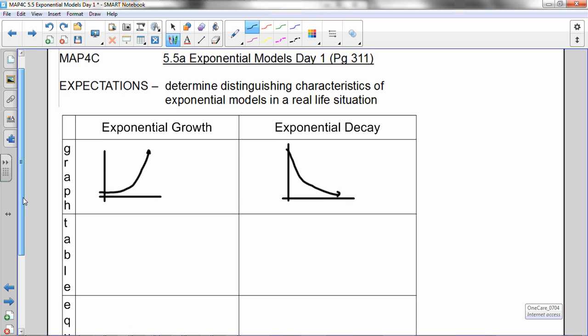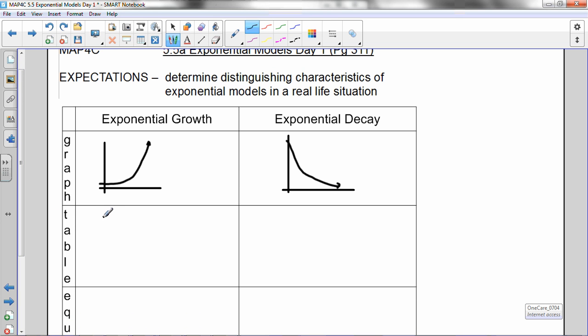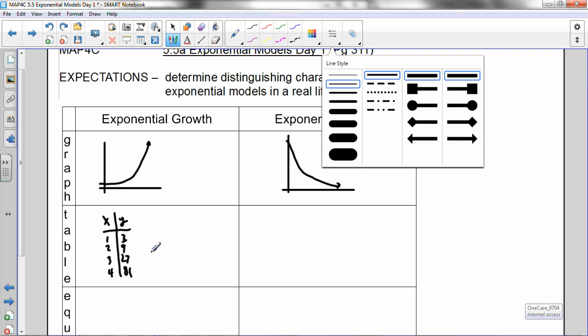From the table, I'm going to write down an example of an exponential function. The idea of an exponential model is the differences. If I were to do the differences, they're not constant. The first differences, second differences, third differences, whatever.